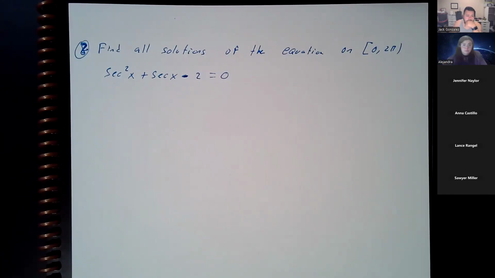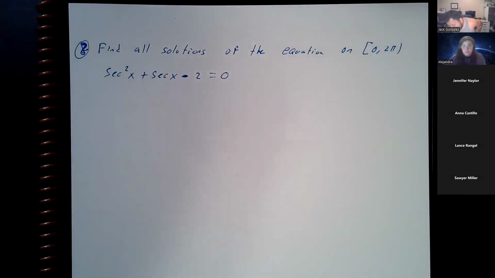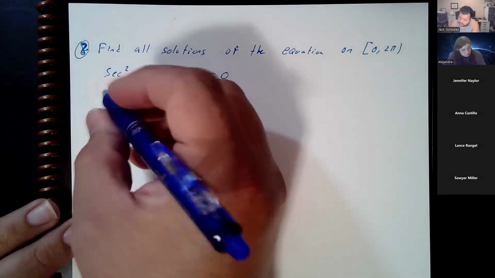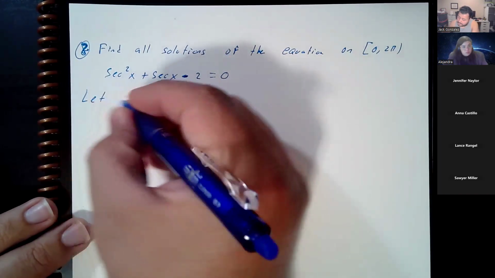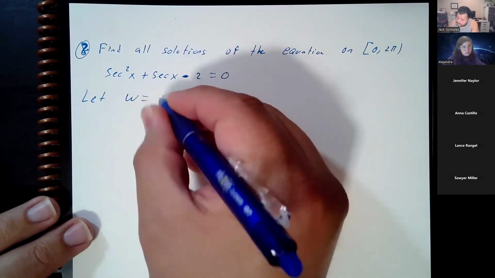Like a quadratic equation, like a trinomial, I think. Yeah, it's exactly what it is. It's just that instead of a variable, we have a trig function. So what we can do to make it more obvious, in case you don't see it, is let W equal secant.